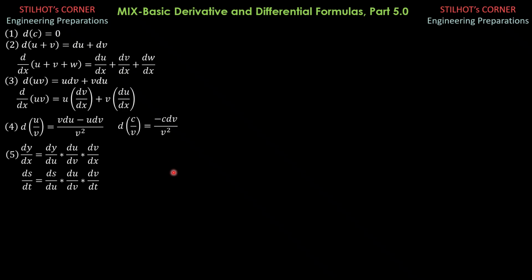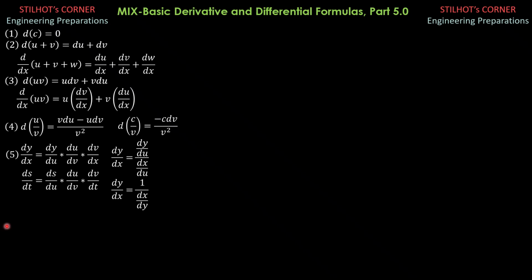Also, dy dx is dy du over dx du, and it is also equal to 1 over the derivative of x with respect to y. So dy dx is the reciprocal, 1 over the derivative of x with respect to y.